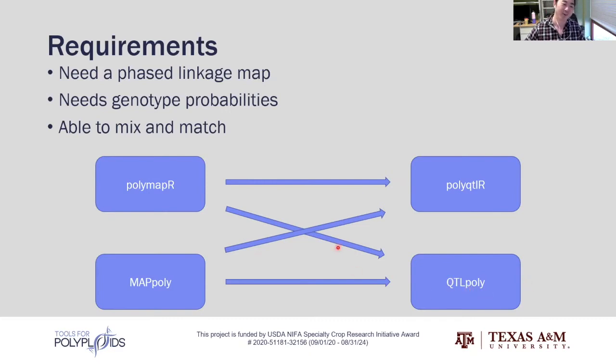So what I had to do was take the phased maps from PolyMapper, input them into MAPpoly to calculate your genotypic probabilities, which then were input into QTLpoly to do your QTL scans. But that was for my PhD work, and what I'll show in a bit on the QTL scans are using the pipelines directly as they were intended to be.